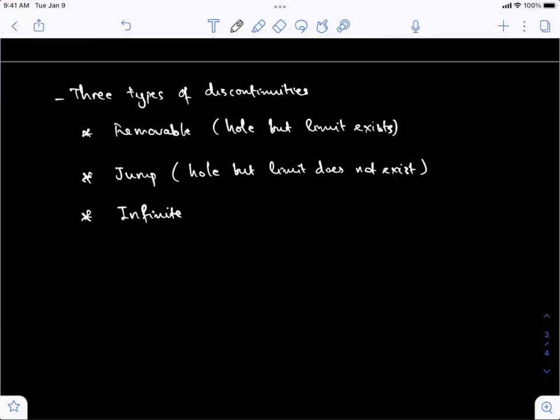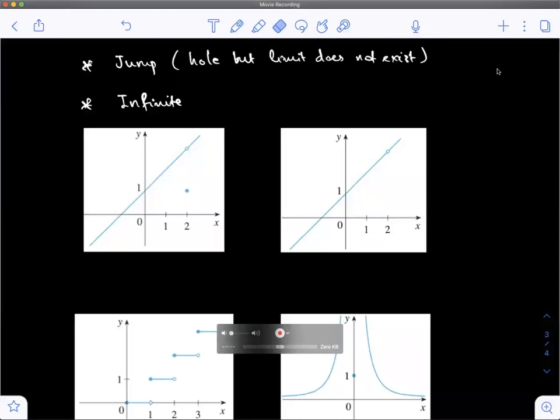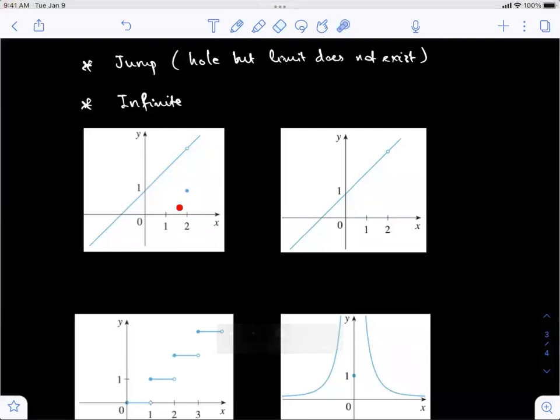Here are the following graphs to help us understand removable discontinuity, jump discontinuity, and infinite discontinuity. For the first two pictures, these are removable discontinuities, because you see holes on the graph of the function, but the limits still exist.